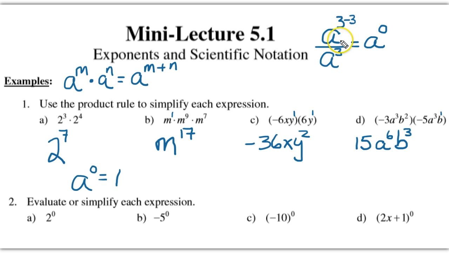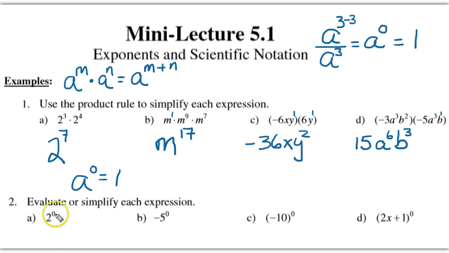Now we also have the rule that a to the third divided by itself, as long as a is not a 0, is going to be a 1. So there's the proof of it.